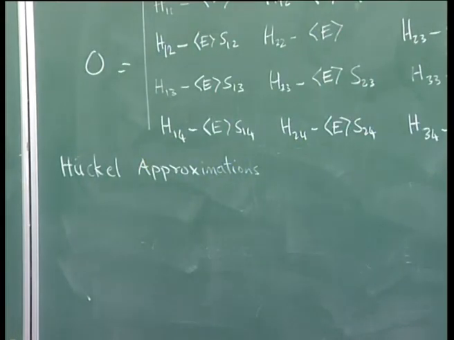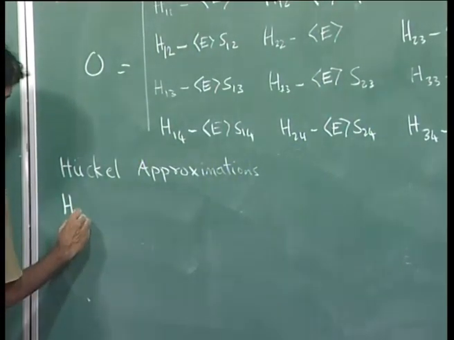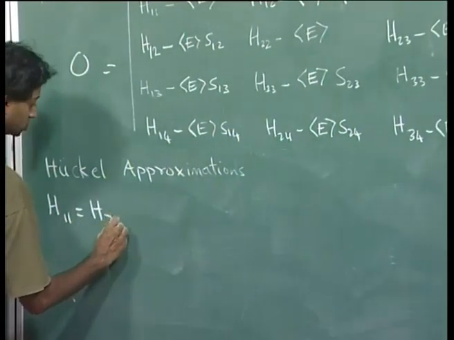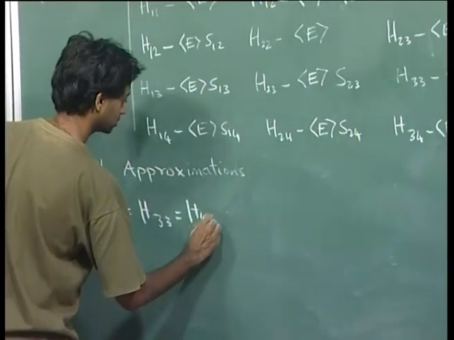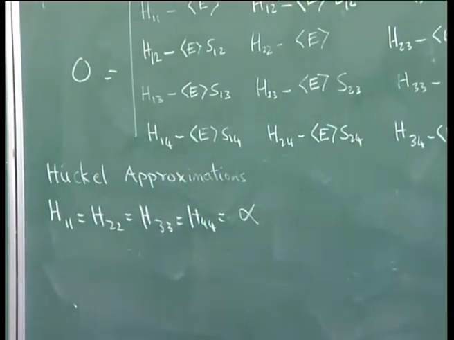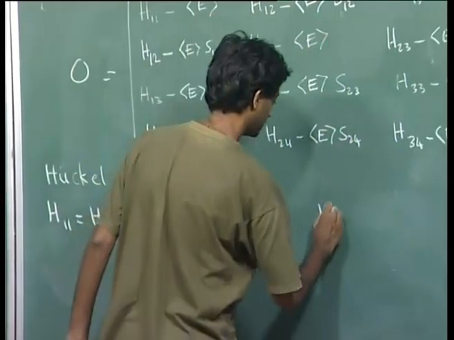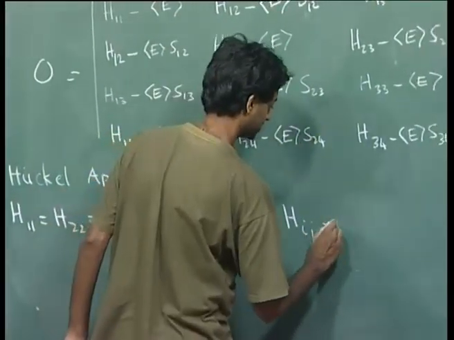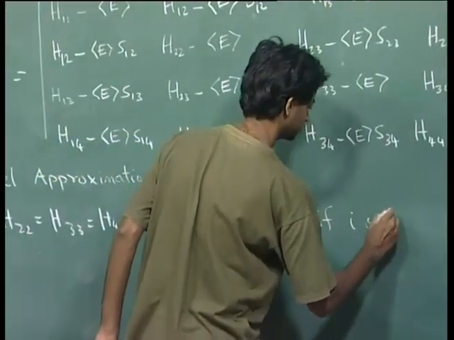Okay, so in the Huckel approximations, H11 equal to H22 equal to H33 equal to H44 equal to alpha, and Hij equal to beta if i and j are bonded.